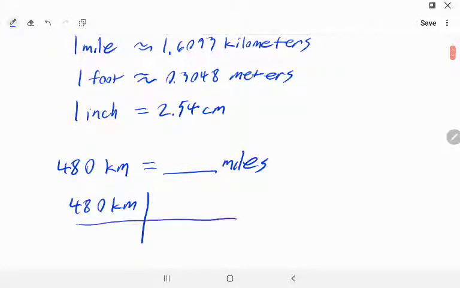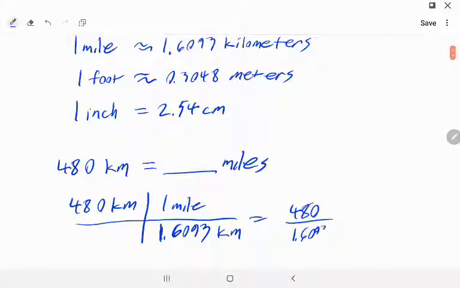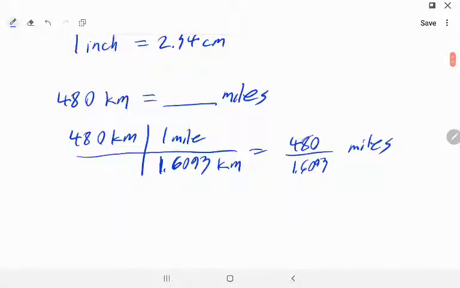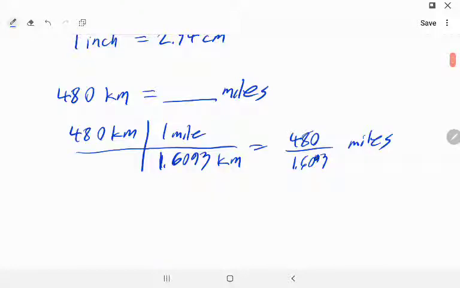We can multiply that by 1 mile, matches up to 1.6093 kilometers, and so we know we're going to get 480 divided by 1.6093 miles. This is very much a calculator question, but that's going to wind up being around 300 miles, very roughly.